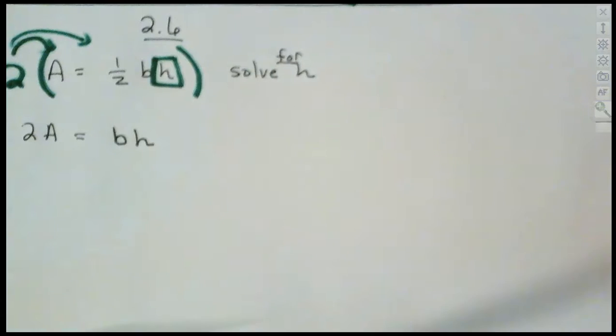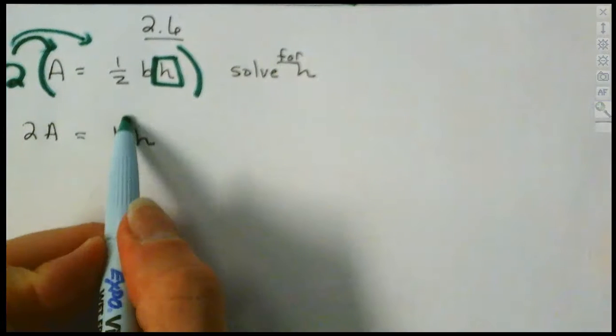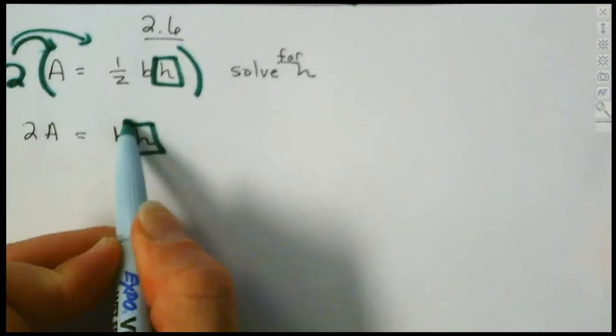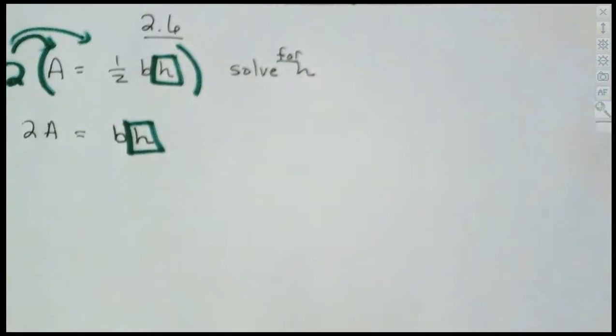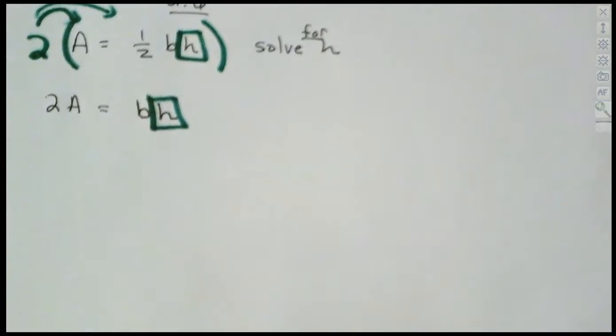Again, what variable do we want? We want the H, which is right here. So we need to get the H by itself. And what's our procedure for doing that? Well, how does that B relate to the H? It relates to it by multiplication. And what's going to undo that multiplication? Division.